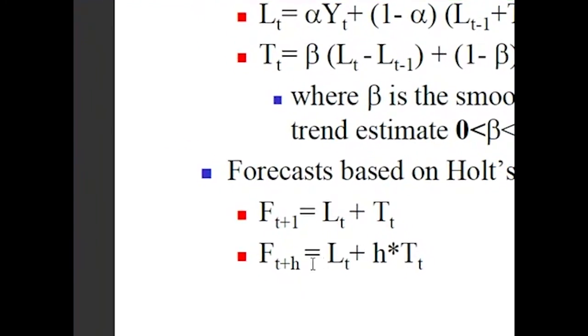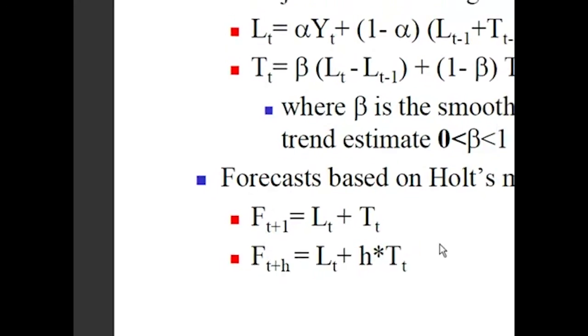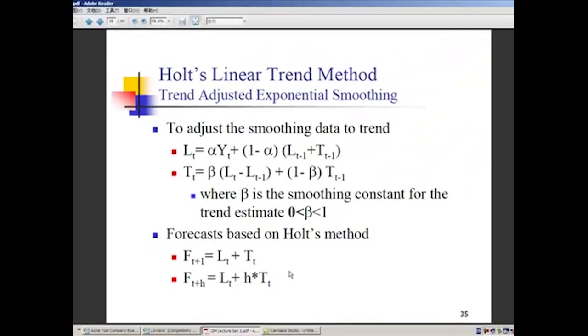Here we simply use the most recent available level estimate and trend estimate. Right now, if we are in month 24 of this Lowland company sales time series data, we only observe the sales values up to month 24, the end of the second year.